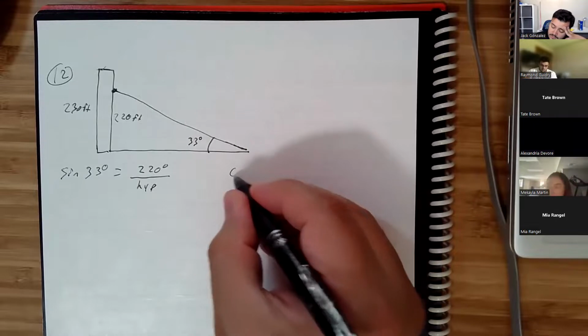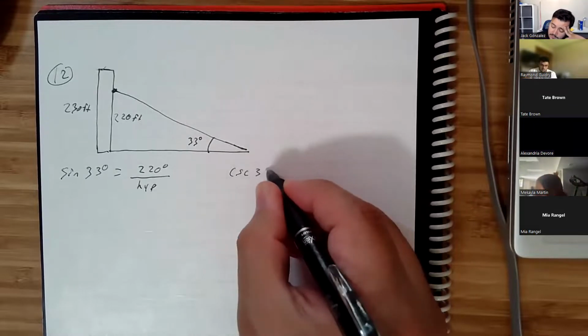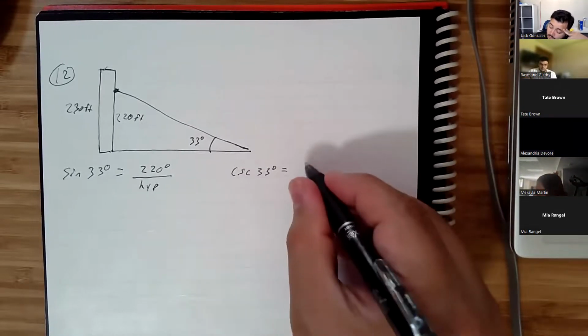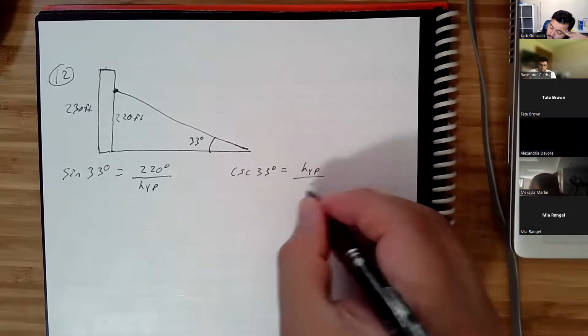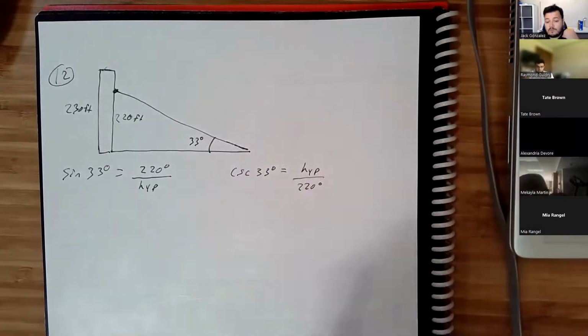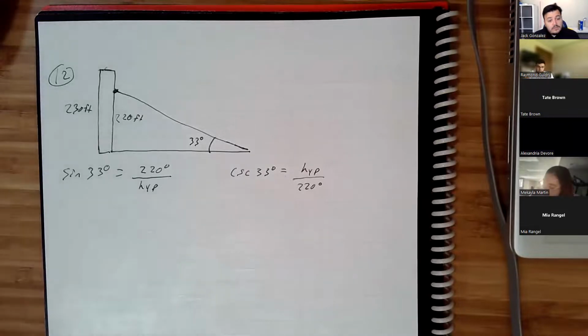You could have also said that cosecant of 33 is equal to the hypotenuse over 220. So both of these work, doesn't matter. But you have to choose yourself, I'm not going to tell you. So see what's missing and see what you have and set up your trig function. Okay. That makes sense?